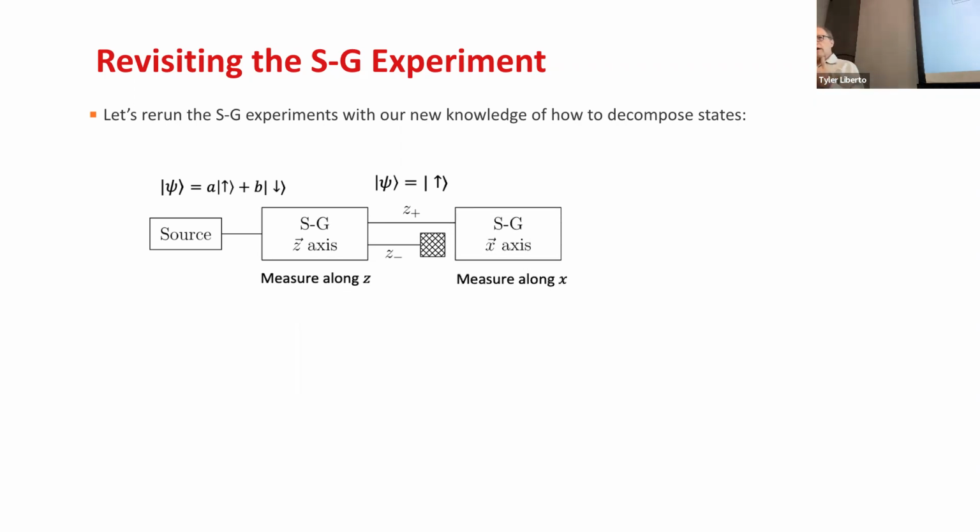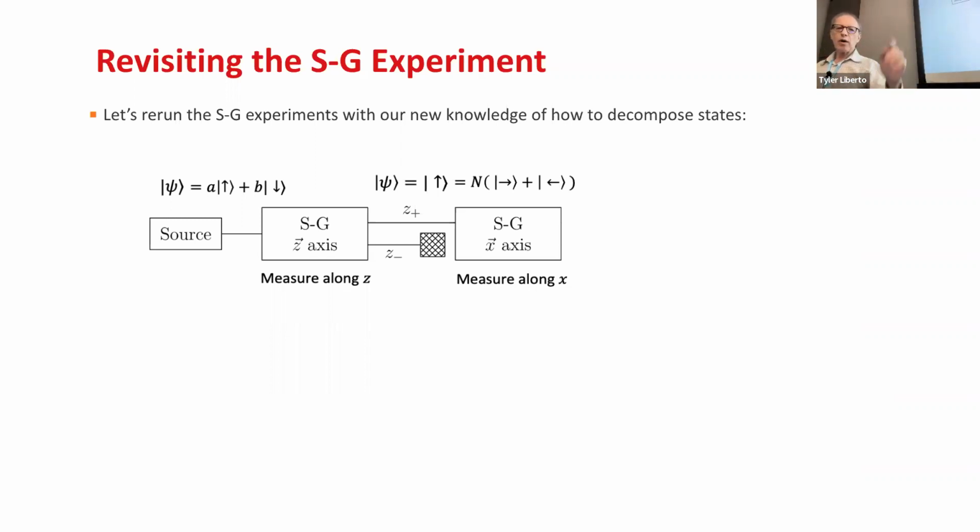If we have now another measurement in the X direction, then we have to do the following. We write down the up ket as a combination of the eigenstates, the only possible deflections for a horizontal magnet, which is right and left. So we have to write down the up ket in a combination of right and left ket. And that I've done here.